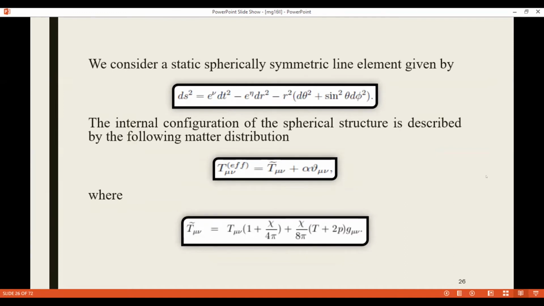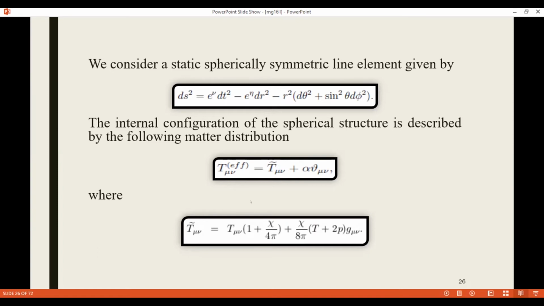The internal configuration of the spherical structure is described by the following matter distribution. This is the total energy momentum tensor. We can say this is the effective, and this is in fact an anisotropic fluid.